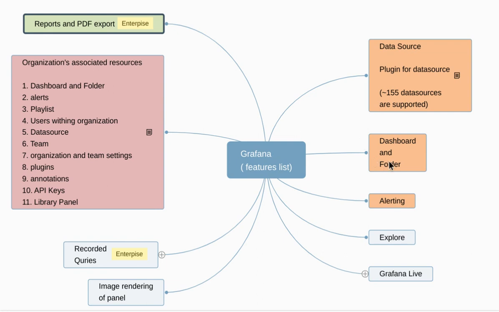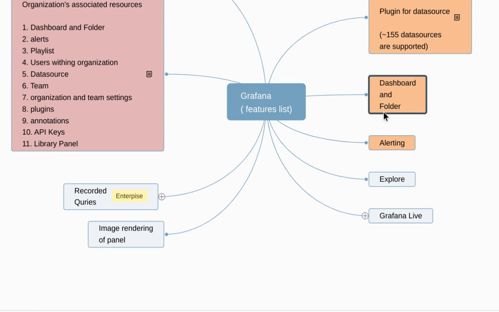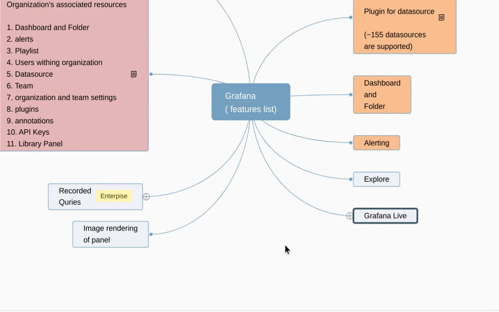The primary thing is that we are going to have the dashboard. The dashboard depends on panels, organized into folders. Panels in fact depend on the data source. From the data source we are going to pull the data. Based on the data, first we can do some exploration, or we can go for alerting. If you want real time, then I will configure Grafana Live.